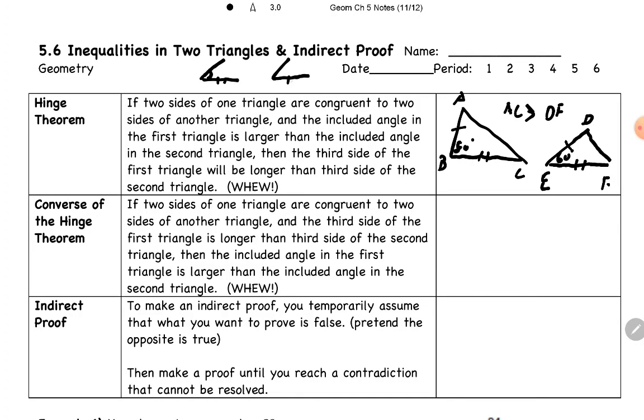So these two are the same. But if you open it wider and make the triangles, then the third side will be bigger.